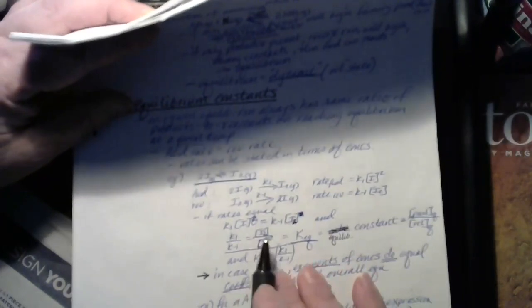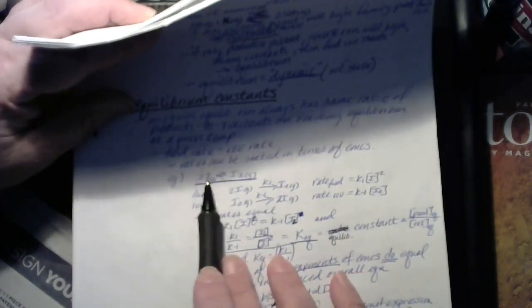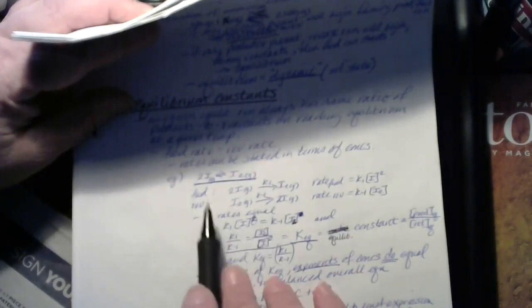It is the ratio of the concentration of the products for the overall equilibrium reaction, that would be I2, divided by the concentration of the reactants for the overall equilibrium equation, that would be I. And each of those should be raised to the power of its coefficient in the balanced equation. So I on the bottom here needs to be squared.